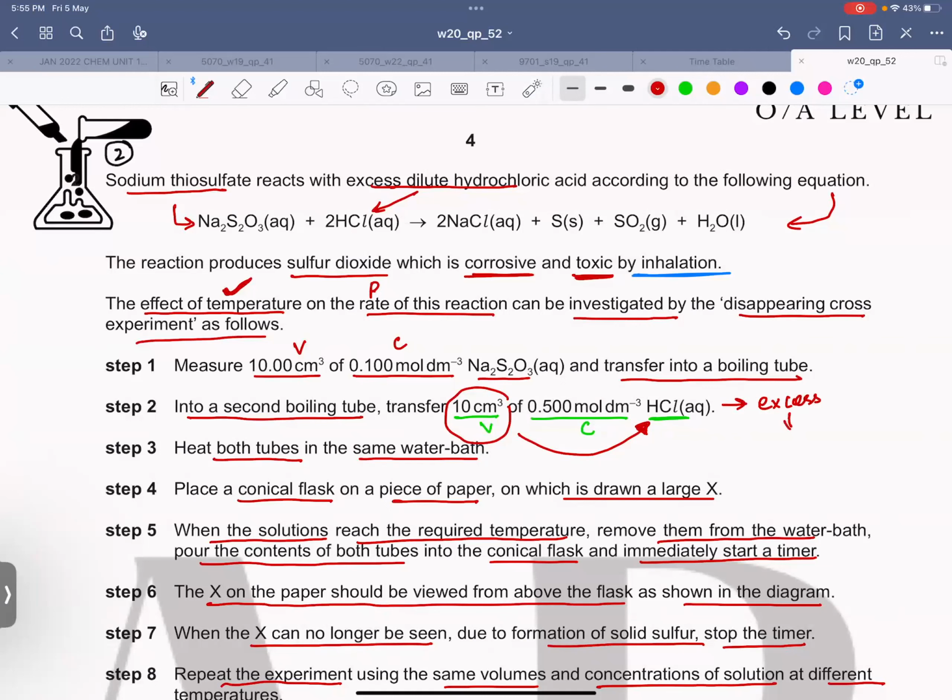Is this understandable? Yes, sir. So for hydrochloric acid, we can use a less accurate apparatus, and that is usually a measuring cylinder.